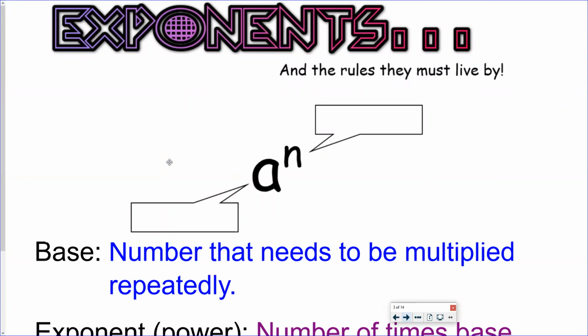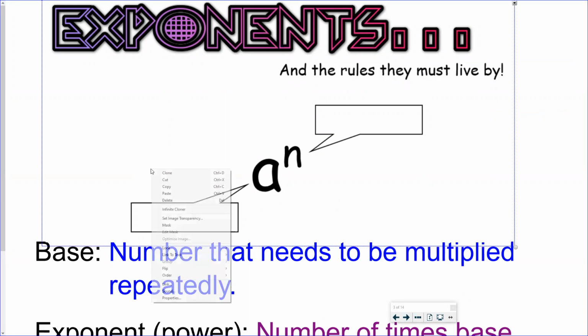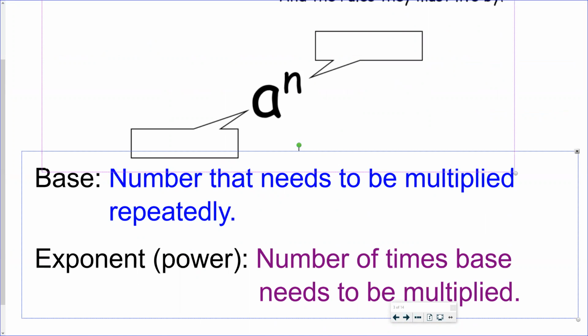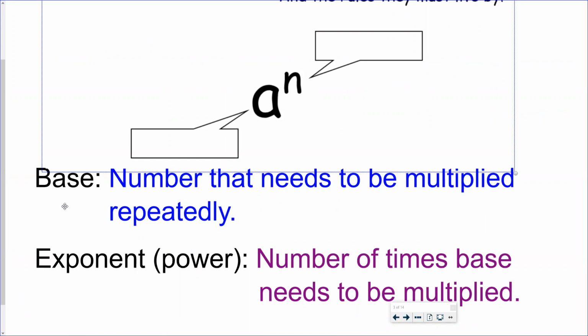So first off, we need to go ahead and get our definitions. All right, so base. Base is the number that needs to be multiplied repeatedly.